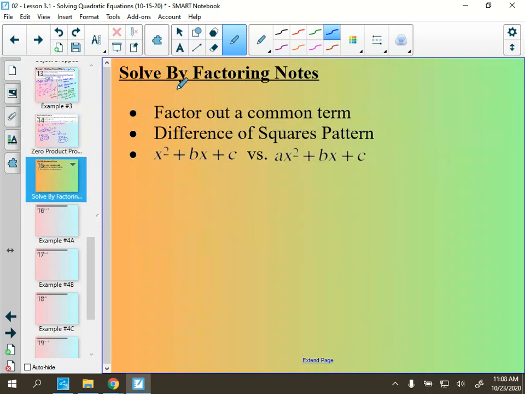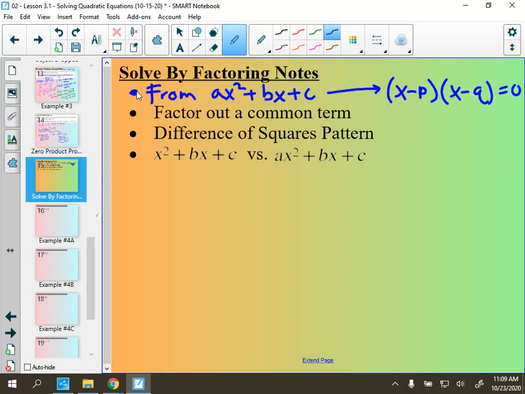And essentially, here's our factoring notes. I think there's room here for this. That's what we're doing. We're going from, let's write this out here actually, standard form, ax squared plus bx plus c, to, should probably put an equals 0 there, intercept form.